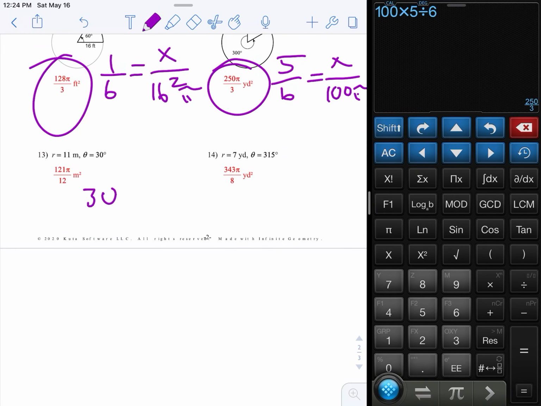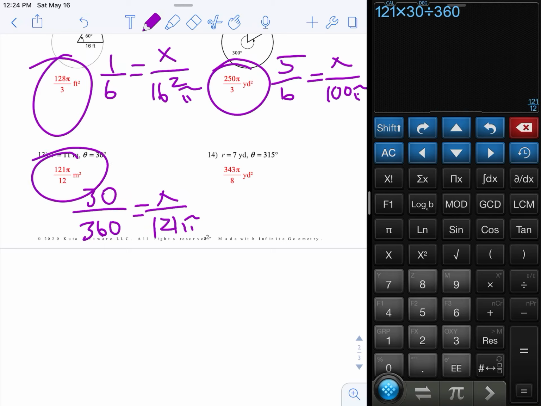Okay, 30 over 360 equals x over 121 pi. All right, where'd that come from? 11 squared is 121. Okay, so 121 times 30 divided by 360. Decimal, make it a fraction. 121 pi over 12.